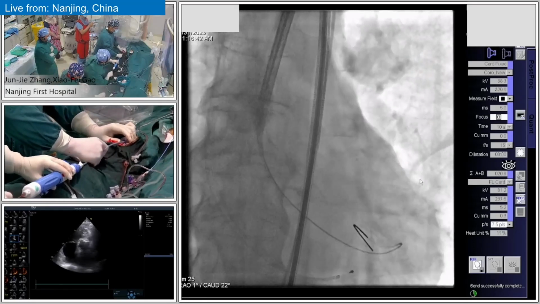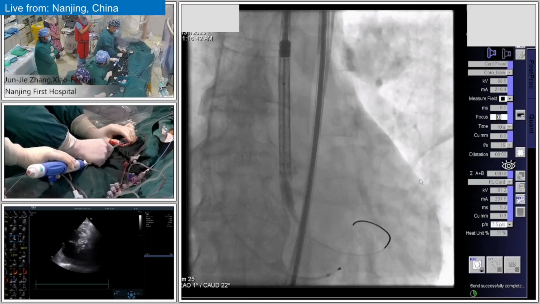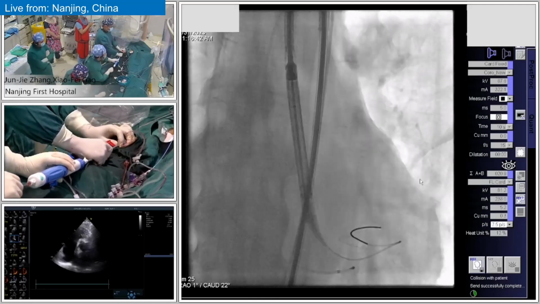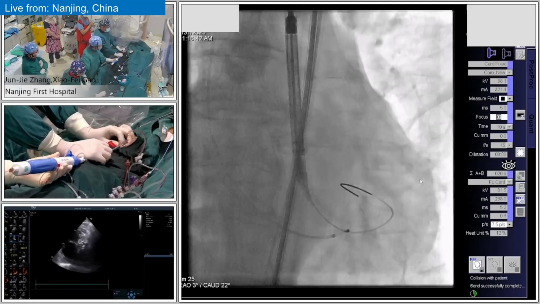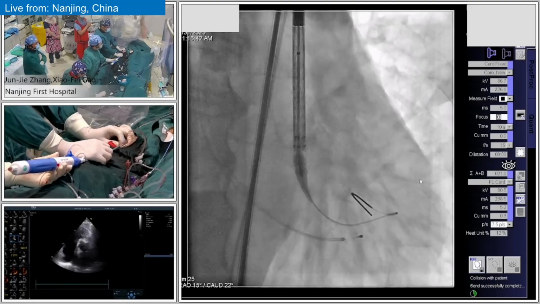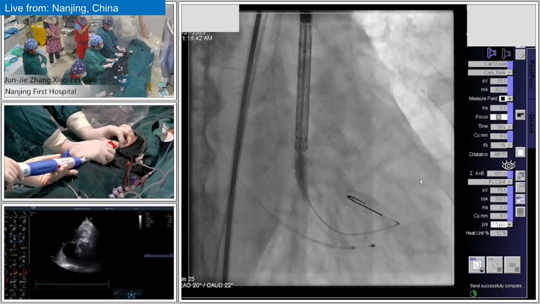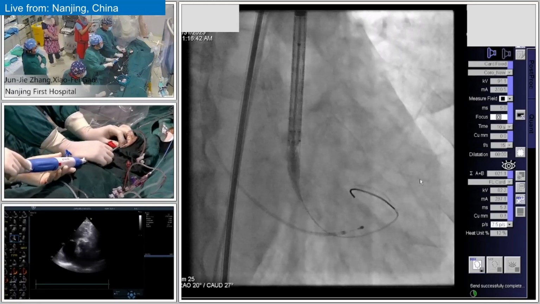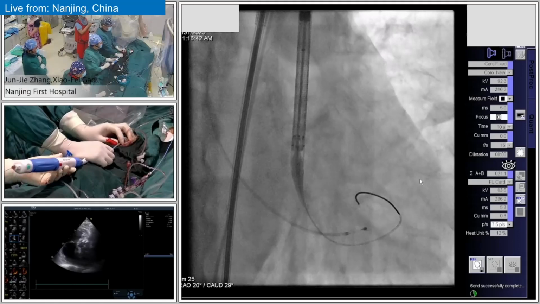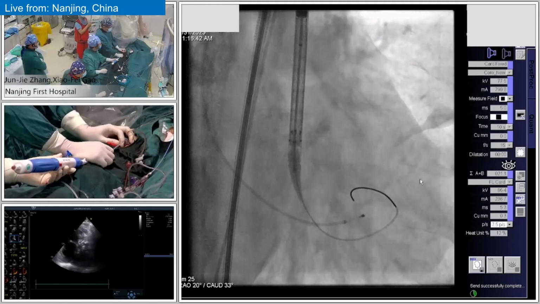So we try again. Okay, we successfully crossed the valve. It's not so easy, but when I asked my Dr. Kung to pull back a little, it facilitated the TAVI system crossing the aortic valve.